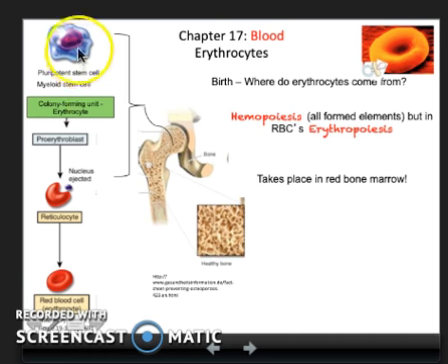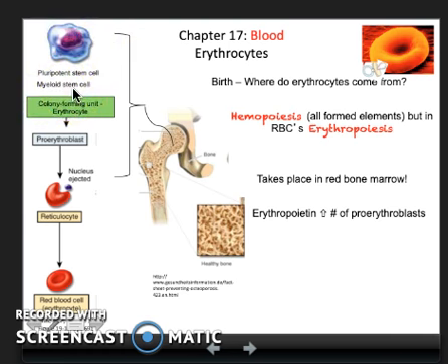What happens is we have our pluripotent stem cells, and they get a chemical cue from a hormone, erythropoietin. This tells the pluripotent stem cells to differentiate into the myeloid stem cells.